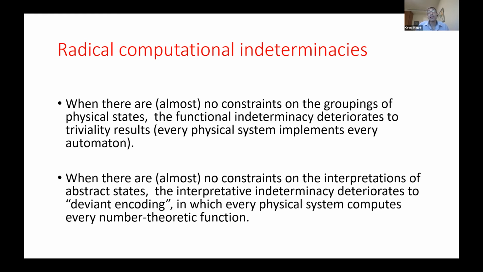The result is that every physical system computes basically every number theoretic function, including even non-computable functions. So this case might be seen as a limiting or extreme case of interpretative indeterminacy, where no constraints are put on the interpretation function.